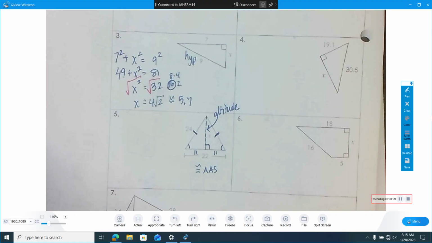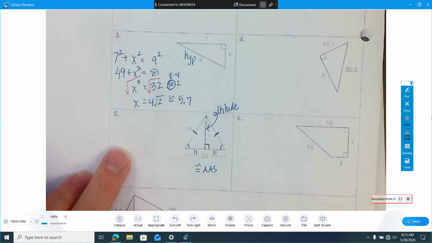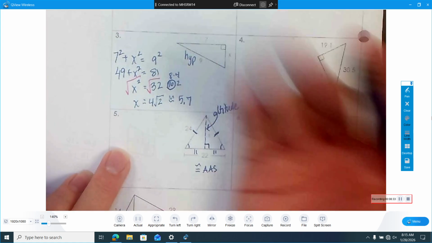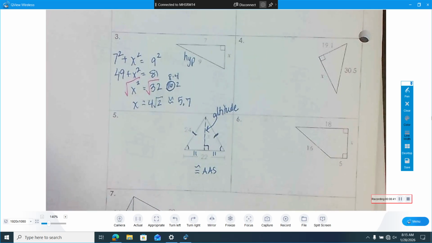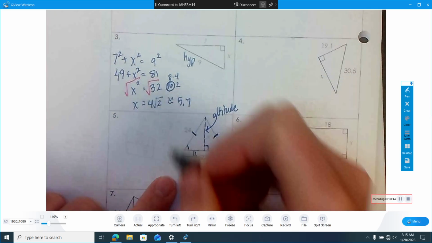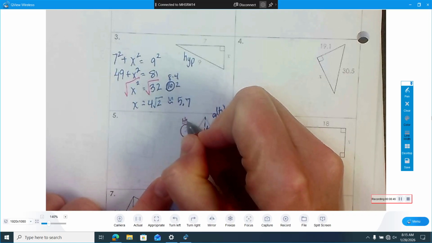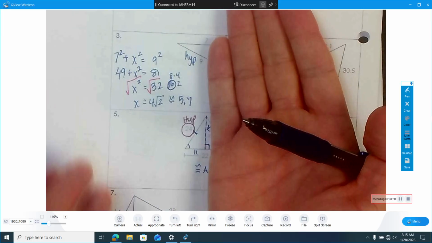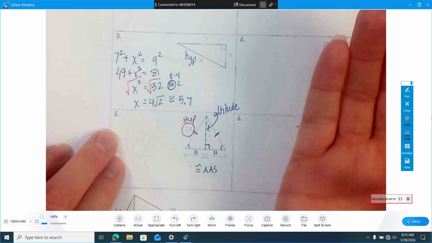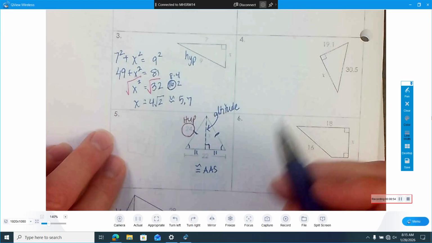Now that I know that, what's the setup to figure out x here? Where's our hypotenuse? 24 is the hypotenuse. And we have a little triangle. 24 to the power of 2 minus 11. True, we would get there.